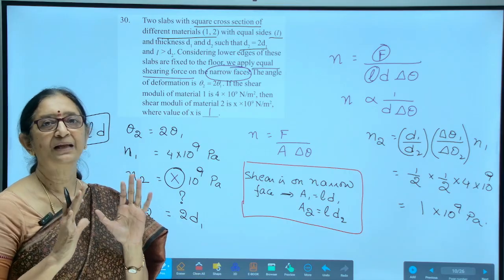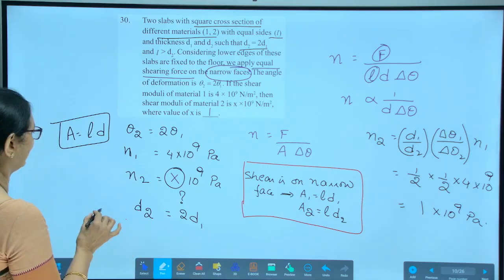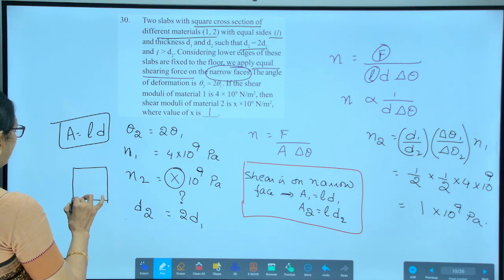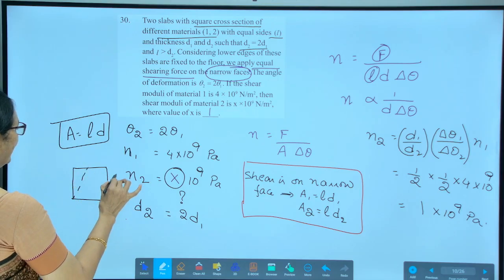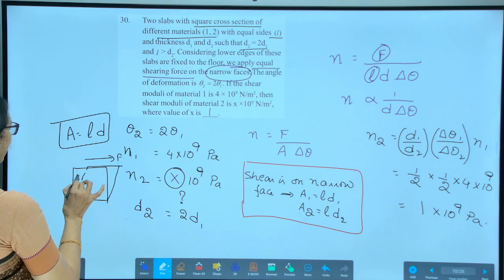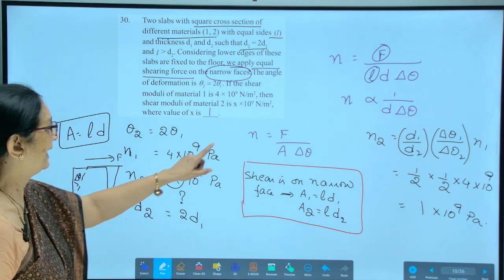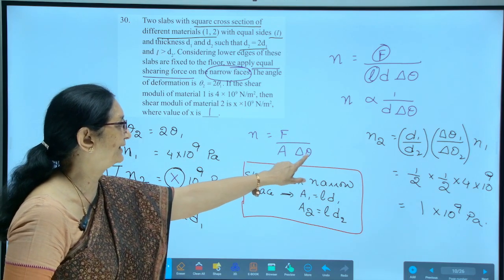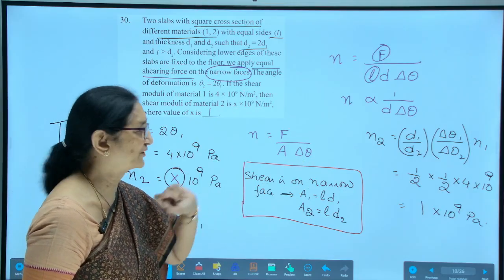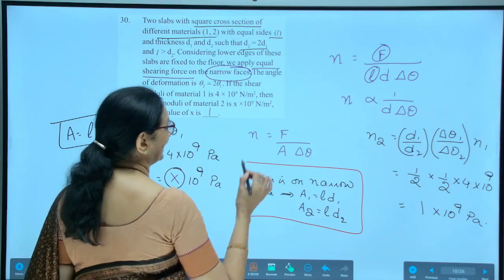You are supposed to find the rigidity modulus of the second slab. First of all, let us try to find out the rigidity modulus. See here, we have considered this diagram, isn't it? On applying shearing force like this with shear angle delta theta, N is equal to force per unit area per unit shearing strain, F by A delta theta.